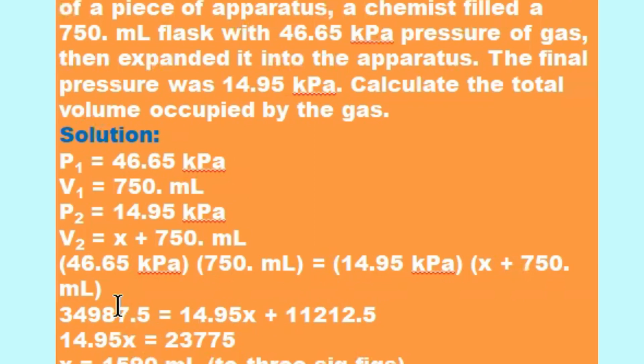Then when we multiply 46.65 by 750, we obtain 34,987.5, which equals 14.95 x plus 11,212.5. Okay, and then 14.95 x equals 23,775, and x equals 1,590 milliliter. Okay, the end result is 1,590 milliliter. This is the total volume of the apparatus.